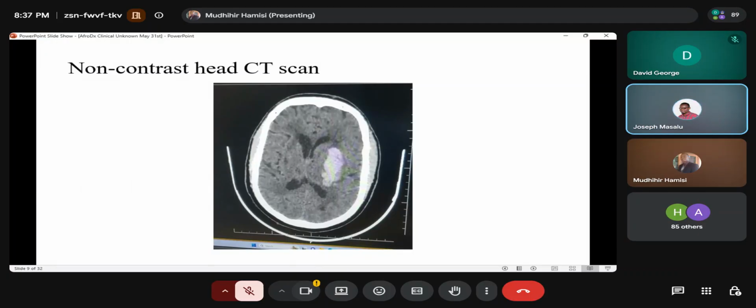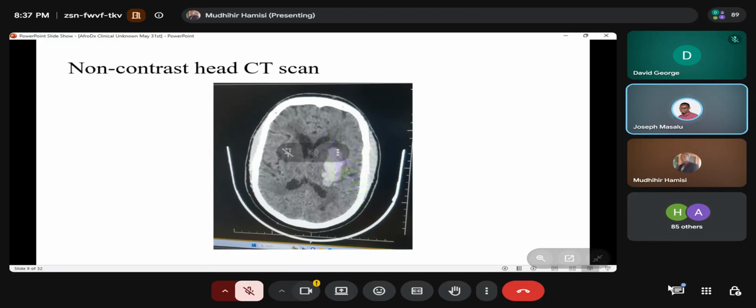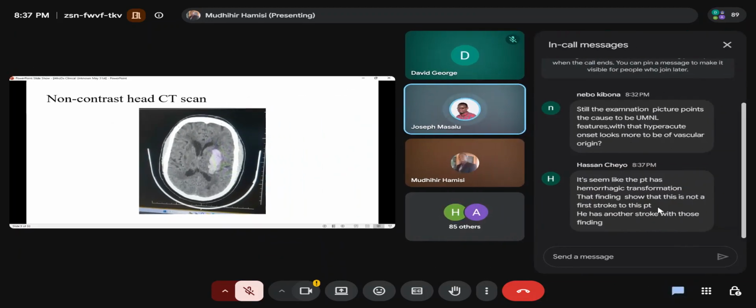So you say stroke, hypertension, but maybe not. I've seen patients who live with a tumor, and all of a sudden they come in with a bleeding tumor of the brain.